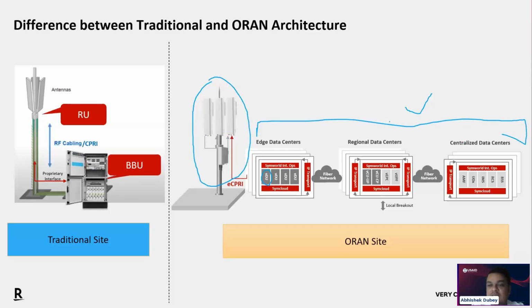Other data centers, which don't require installing real-time equipment, can be installed far away from the site due to the relaxed latency on the midhaul interface and the backhaul interface. So for example, that could be a regional data center and centralized data center.